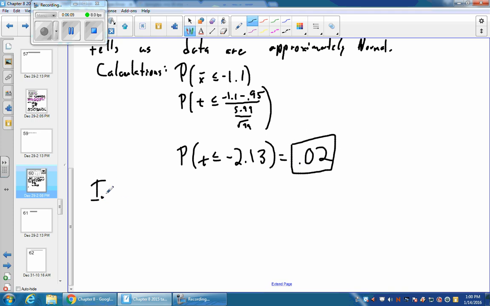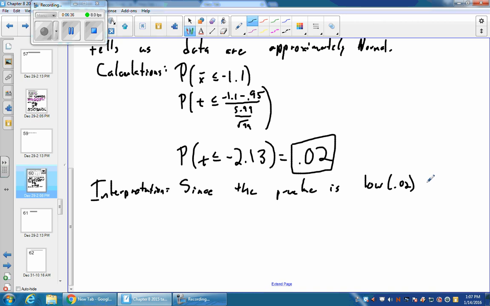So now we interpret. The p-value is low, so we reject the null hypothesis. Since it's lower than our alpha, we reject the null hypothesis.